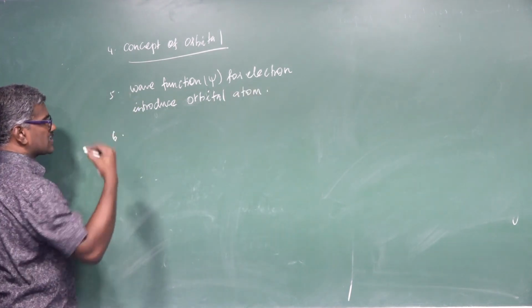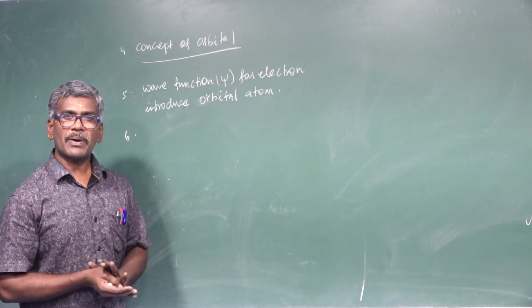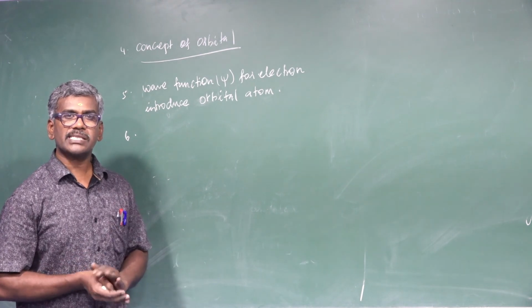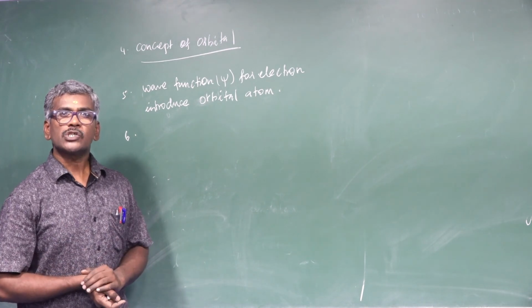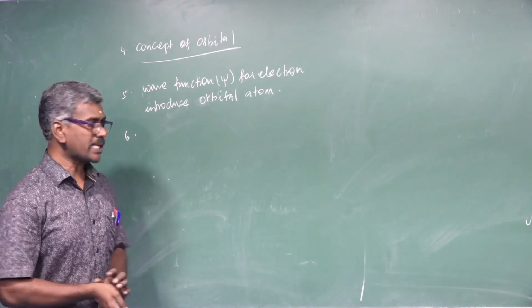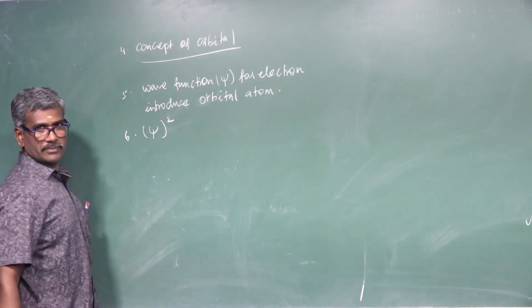Another one, point number 6. The probability of finding an electron at a point within the atom is directly proportional to psi square, the square of the wave function.